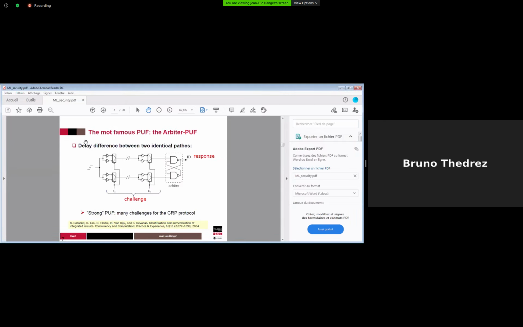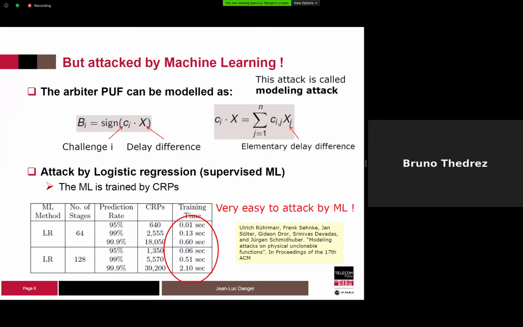I think you train just by simply injecting challenges and reading responses. So you have a data set which is composed of challenge response pairs. How many challenges do you need?